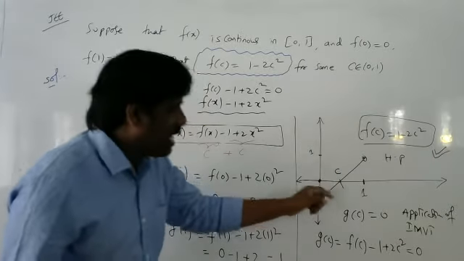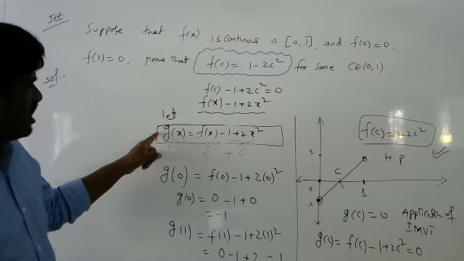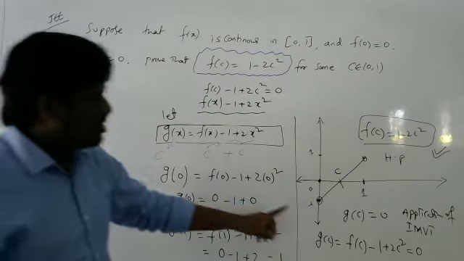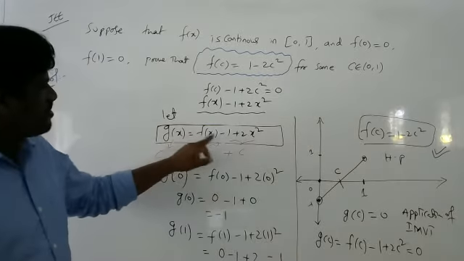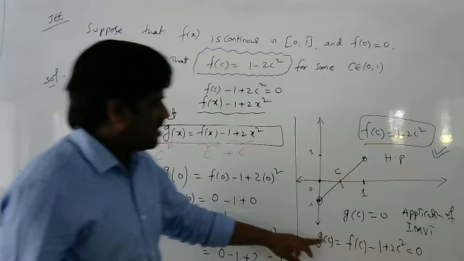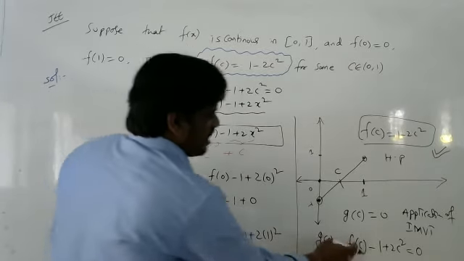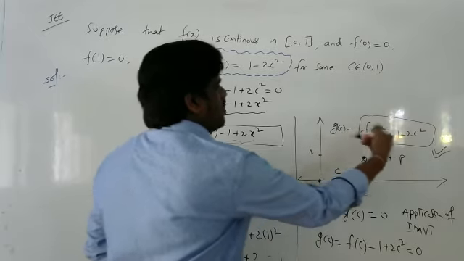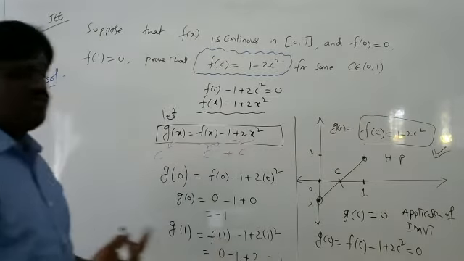That point I take as c. So g of c will be 0 by application of the IMVT. So g of c is f of c minus 1 plus 2c square, which is 0, so f of c is equal to 1 minus 2c square.